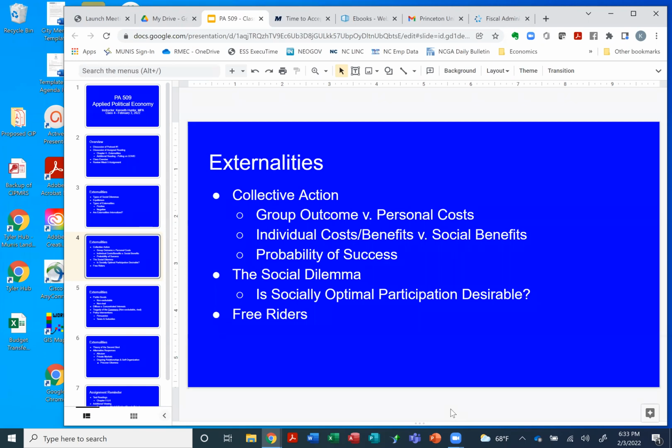So we get into this issue that ties in: we have probability of success, and I'm going to pull up my reading and go to page 104. With respect to this concept known as the social dilemma, we're really trying to show the value of this type of collective action.